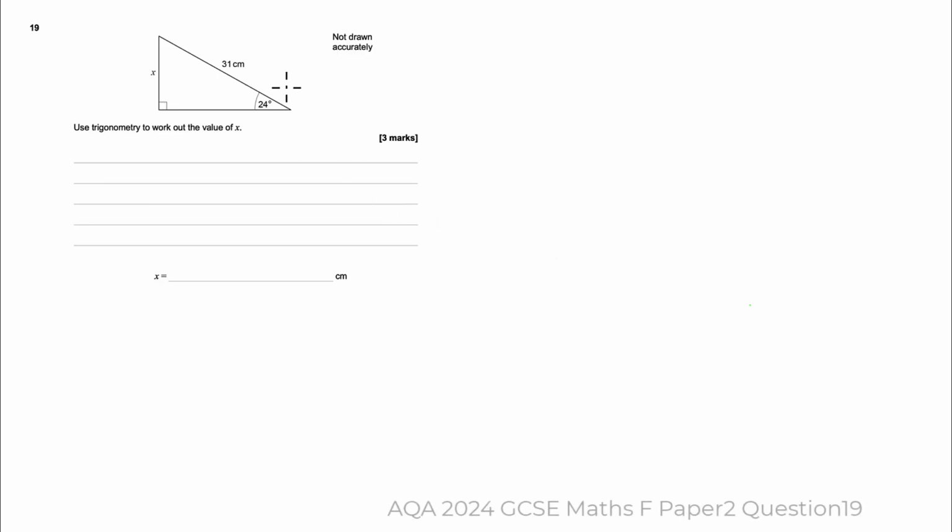So here's question 19. And we're shown a right angle triangle, and we have to use trigonometry to work out the value of x.